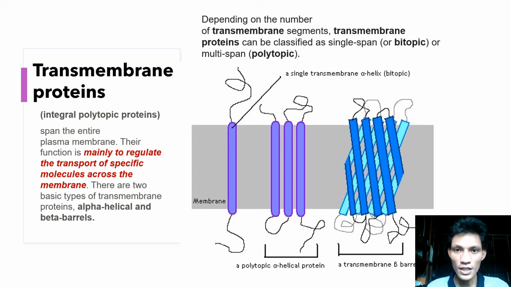This protein corresponds as bitopic because they span the lipid bilayer only one time, here and here. The polytopic, on the other hand, crosses the membrane multiple times, thus called multi-span.